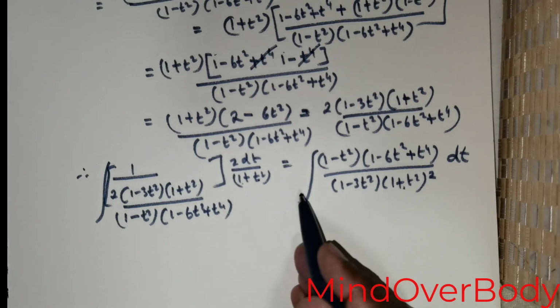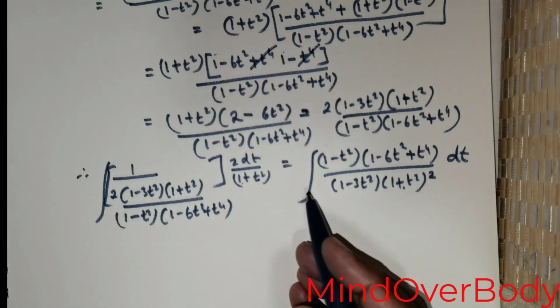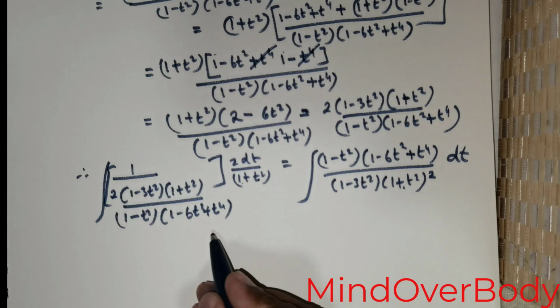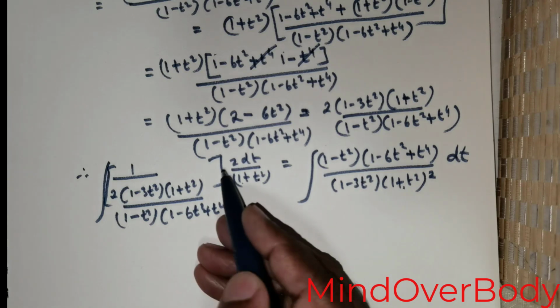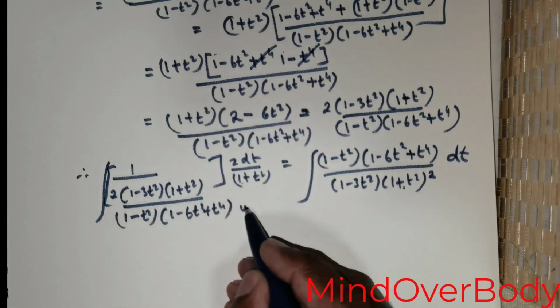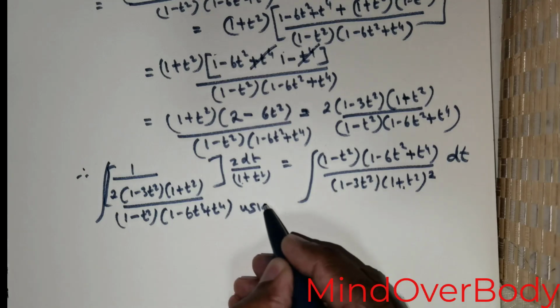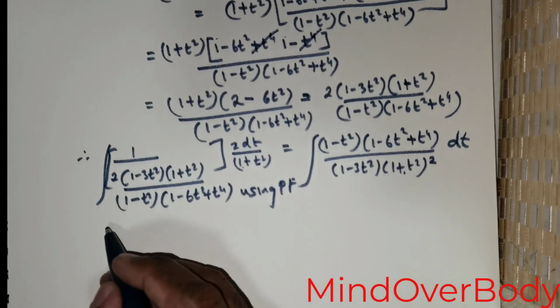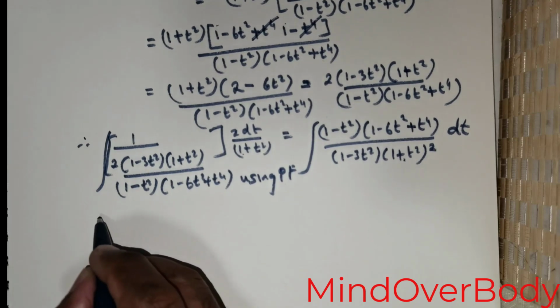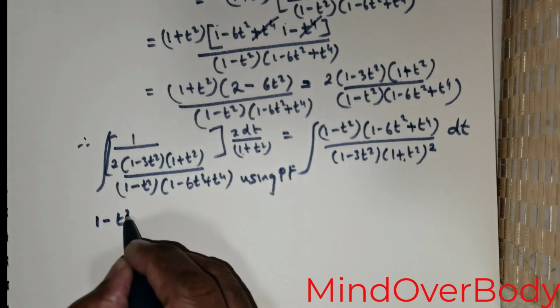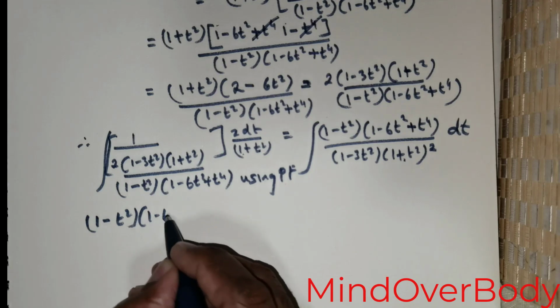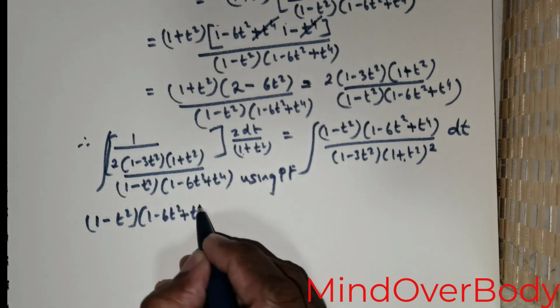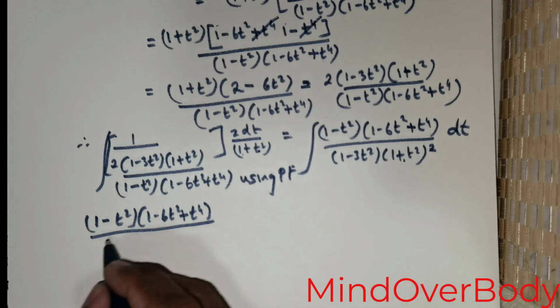Now the only way to solve this, or I would say the most preferred way to solve this, is by partial fractions. So let me write that down. Of course the 2 and the 2 get cancelled, so no need to place it here. So using partial fractions, I'm going to rewrite this. So this is going to be (1 − t²)(1 − 6t² + t⁴) divided by the denominator.